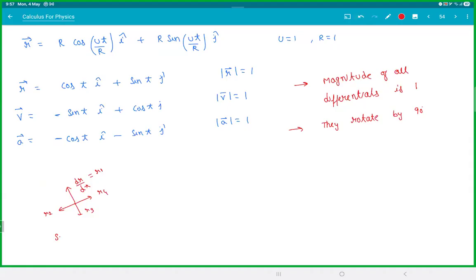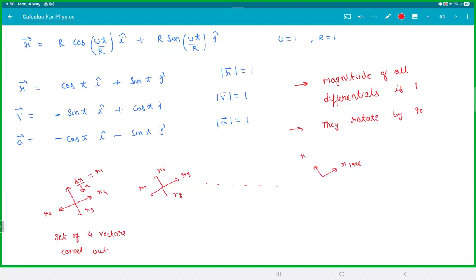So a set of 4 vectors cancels out. The next set would be R5, R6, R7, R8. That also will cancel.